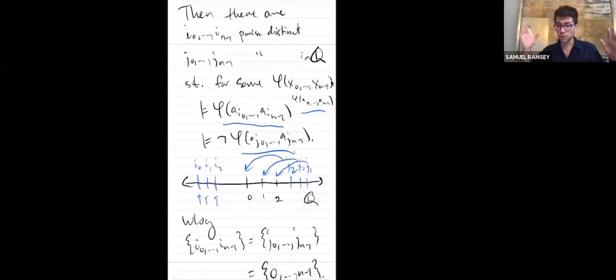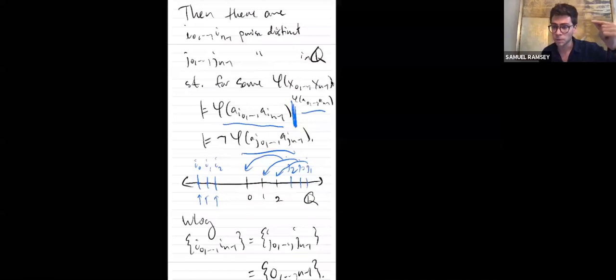So I have something which is false, and it's out of order, and I do a swap, and then maybe it's still false, and then I do another swap. Maybe it's still false. Then I do another swap. Maybe it's still false. But eventually, it has to change, because I know that once I have them in order, phi becomes true. That's what I see here. So because after enough of these swaps, I end up with the thing in the right order, I know that there has to be a first swap where the truth value changes.